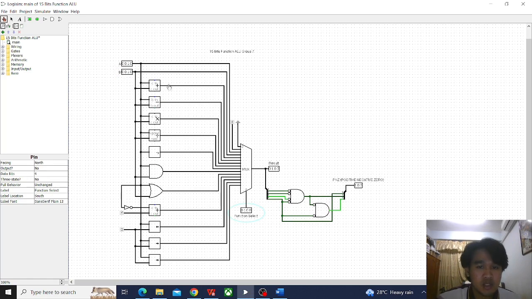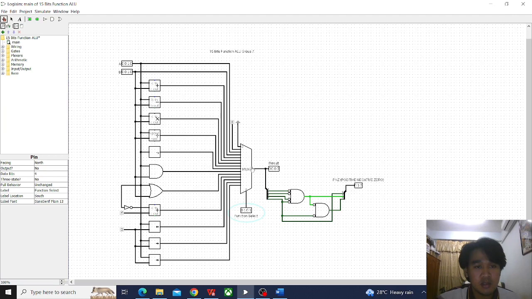2 plus 2 equal to 4, which is 100 in binary number. For the subtract, we must set the function select to 101, which is when A minus B equal to 0.